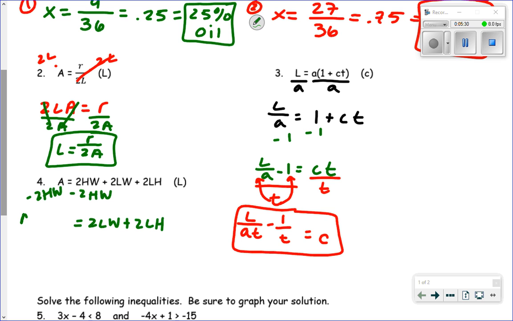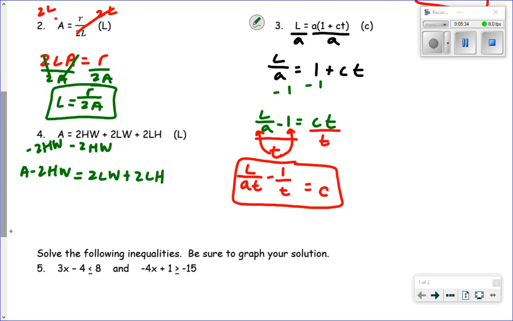So on the left, I've got A minus 2HW. Now, if I'm trying to get L by itself, and there's two L's, well, I need to make that be just one L. So I'm going to, remember, reverse distribute and get that out front. The left-hand side hasn't changed yet. Now, the L and the parentheses are attached by multiplication.